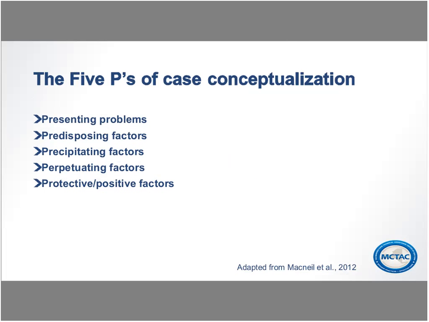So as I mentioned, I'm going to walk through the 5 Ps of case conceptualization. There are a lot of different models of effective case conceptualization. However, I just chose one and I integrated some elements from others just for the sake of parsimony. And because we're MCTAC and we're CCSI, we like acronyms and mnemonics, so I thought the 5 Ps was most appropriate for us.